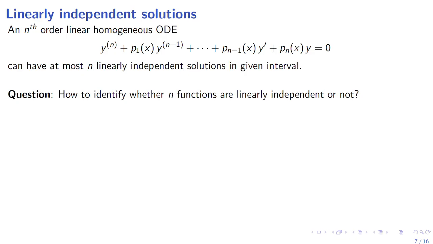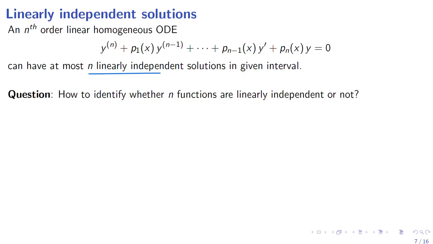again, if we know linearly independent solutions of a given nth order homogeneous ODE, then we can write down the general solution. An nth order linear homogeneous equation, which is in this form, can have at most n linearly independent solutions in a given interval.